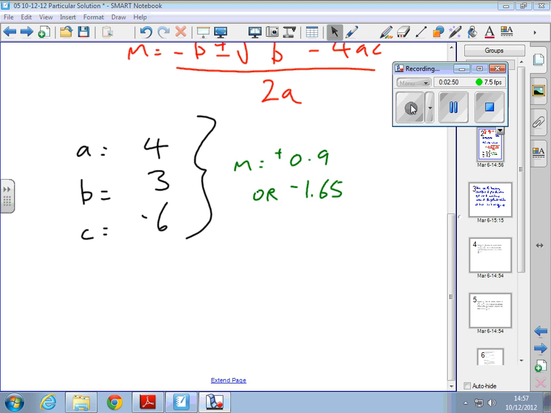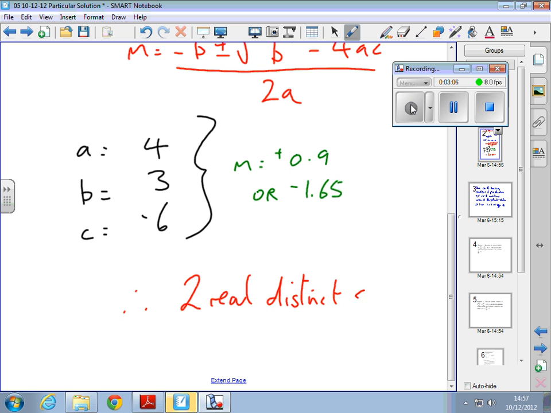So putting those values into the quadratic formula, we get m equals plus 0.9 or minus 1.65. So therefore, we have two real, distinct, or different solutions.